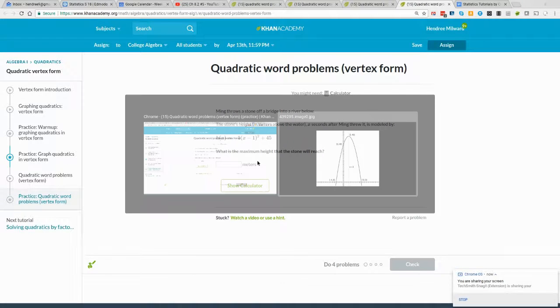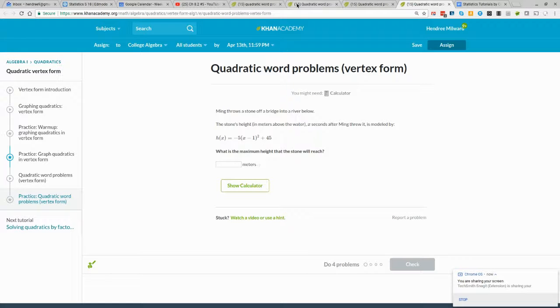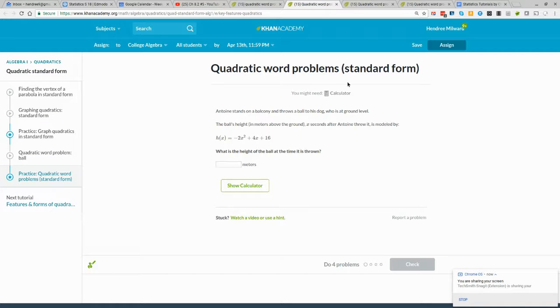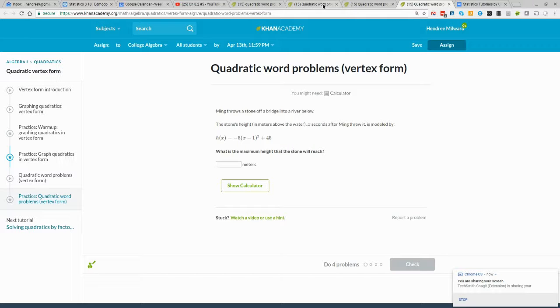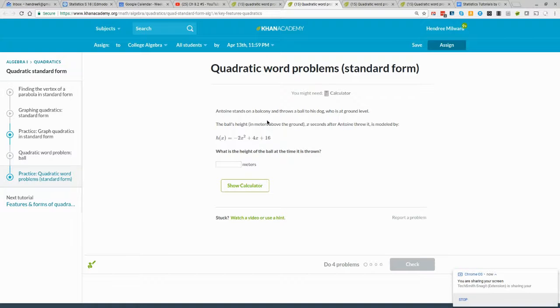The other thing is there are three different versions of this skill, and it depends on what form they give the quadratic in. Here it's standard form, which is why it says quadratic word problem standard form. Here it's factored form, and here it's vertex form.